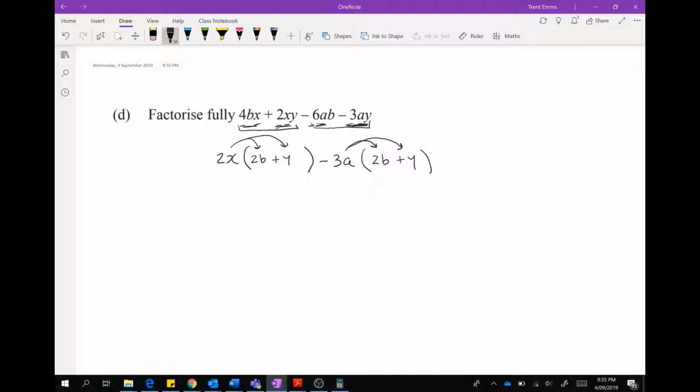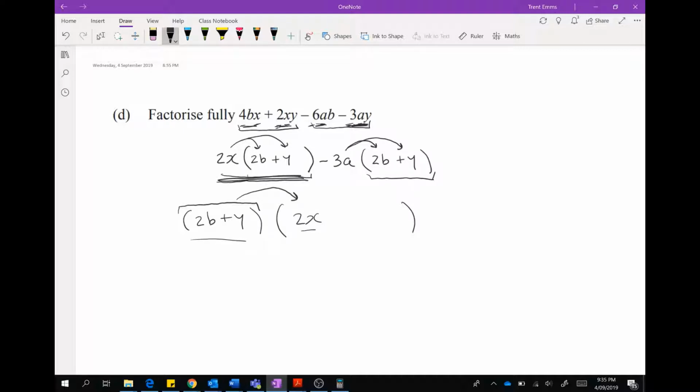Right, at this point here, what you will notice is that you've got a 2b plus y right here, and you've also got a 2b plus y right here, so you can factor that out. And what's going to be left in the bracket, and if you think about timesing this whole thing through, 2b plus y times what would get me back to all of this, and I'd need a 2x, as that'll get me 2x lots of this, which is this part here.